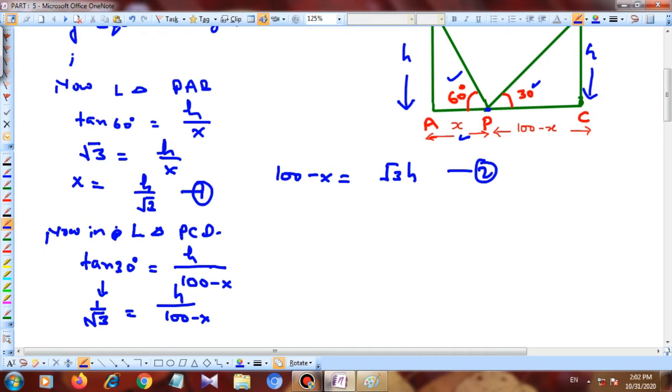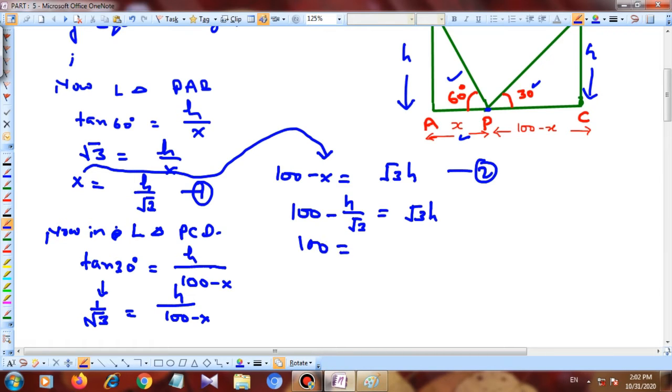Now put the value of x from the first equation into the second, then we will get 100 minus h upon root 3 equals root 3 h. So transfer h upon root 3 to the other side, then you will get 100 equals root 3 h plus h upon root 3.